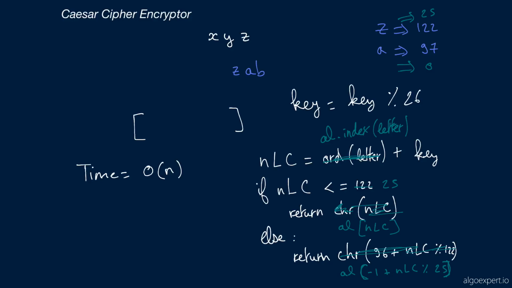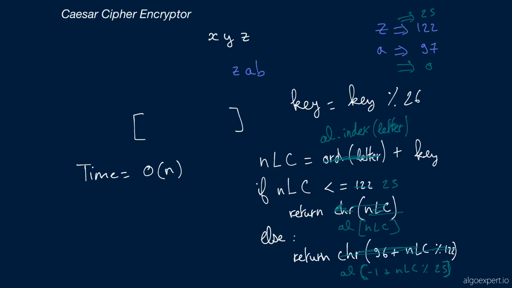Now, it is worth pointing out that if you were doing the approach that uses this alphabet array, you'd be calling this dot index function, right, to find the index at which this letter is located in your alphabet. And with an alphabet of only 26 letters, like we're dealing with in this example, that just becomes a constant time operation, right?